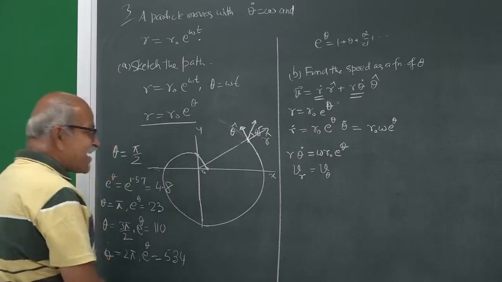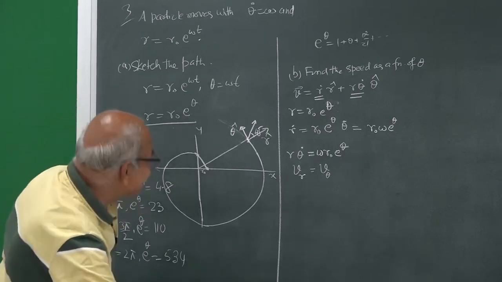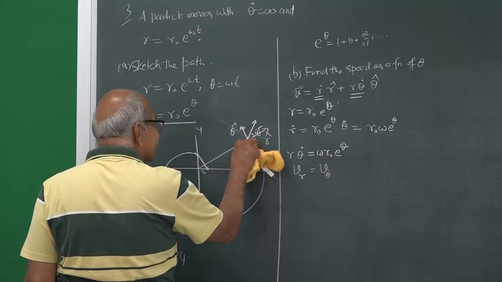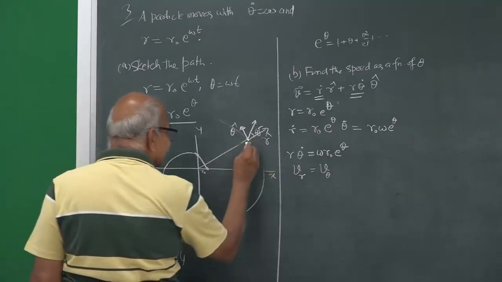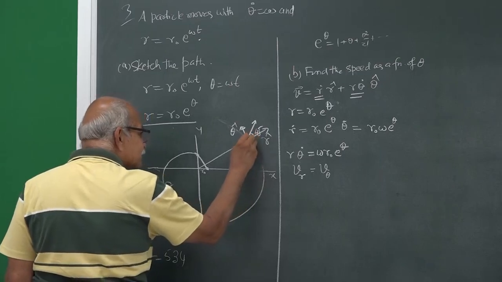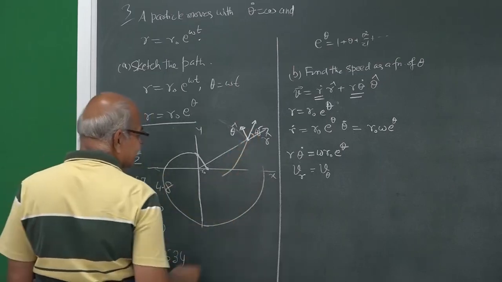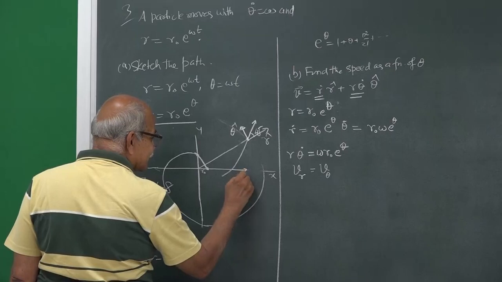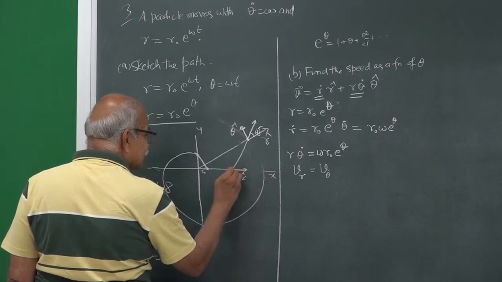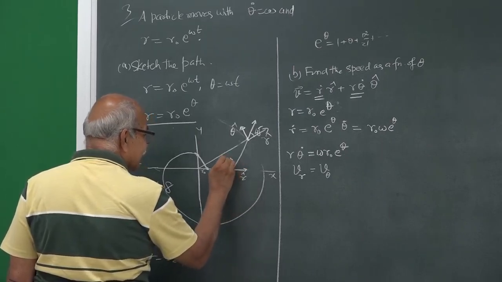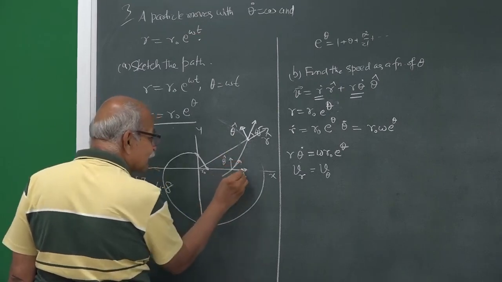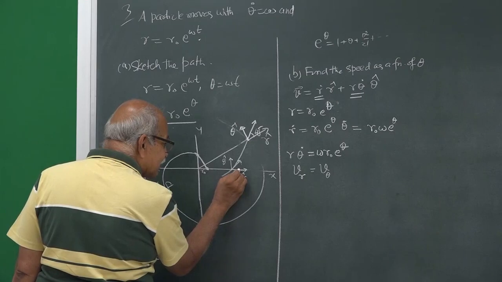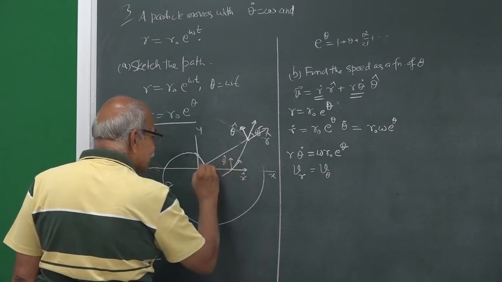The velocity should be 45 degree to the radial direction and to the tangential direction. So, it should go like this, at equal angle from r cap and theta cap, everywhere.